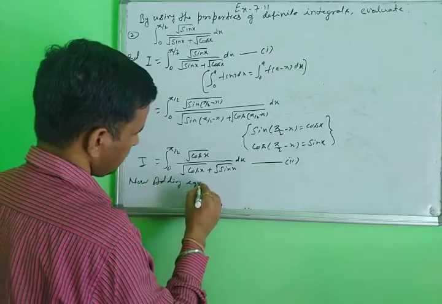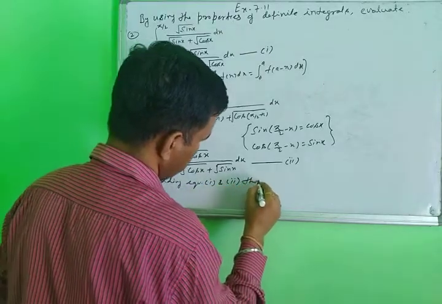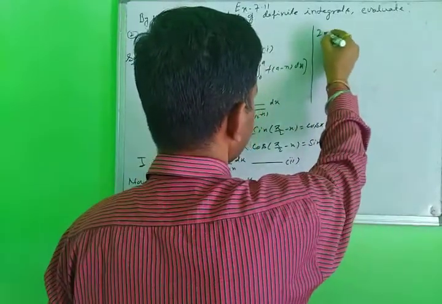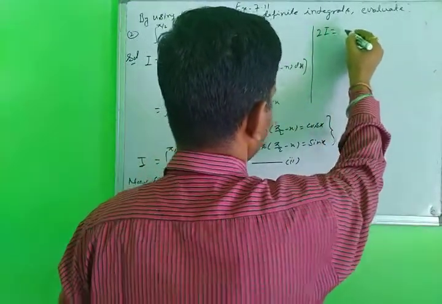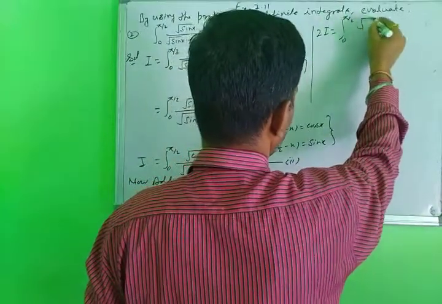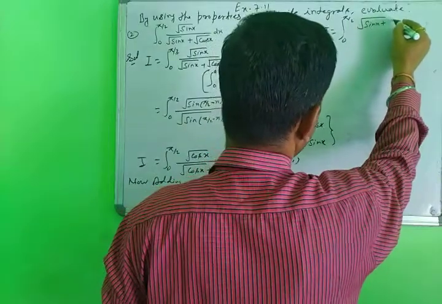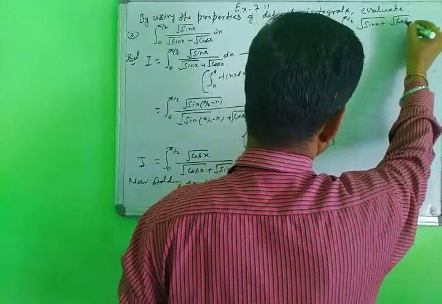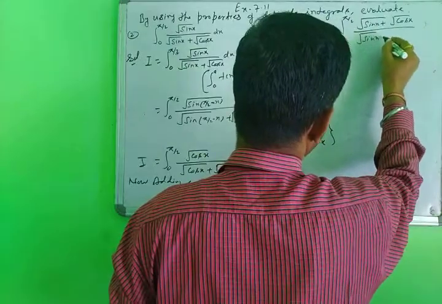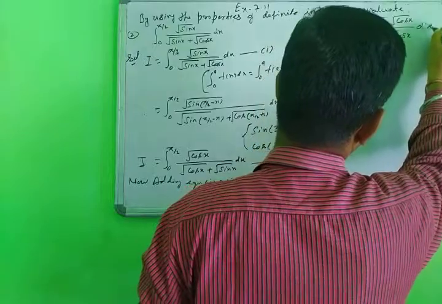Now, adding the first and second equations, what result comes here? 2I equals integral from 0 to pi by 2 of (root sin x plus root cos x) upon (root sin x plus root cos x) dx.